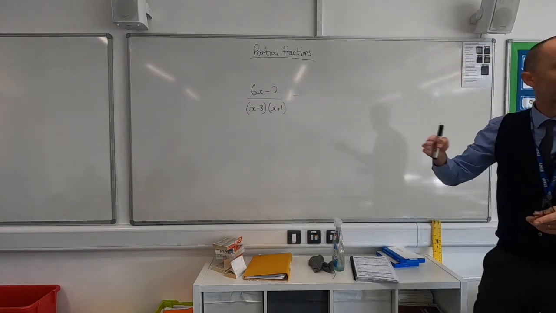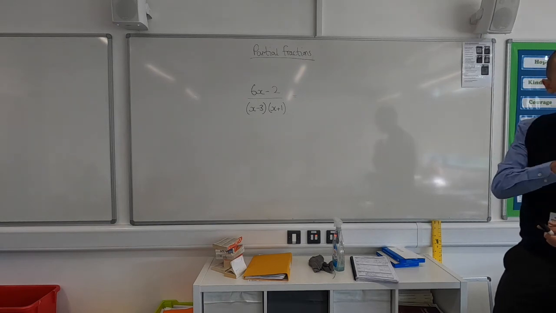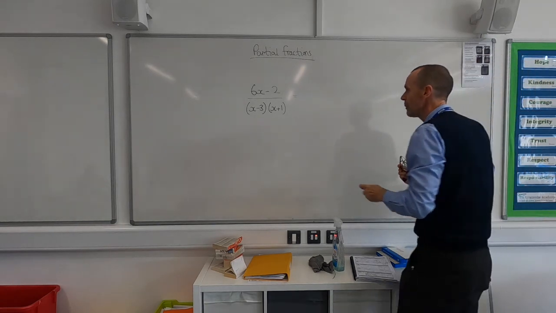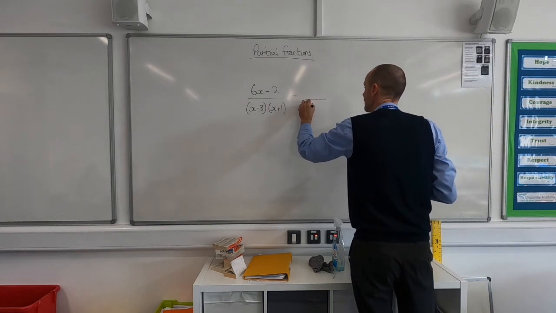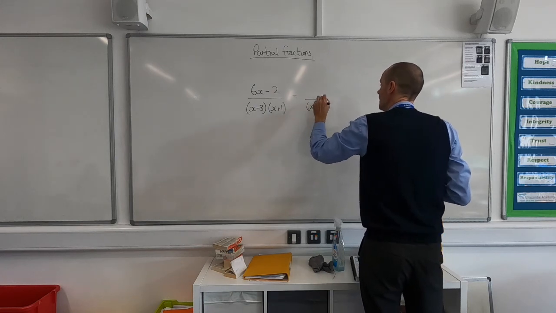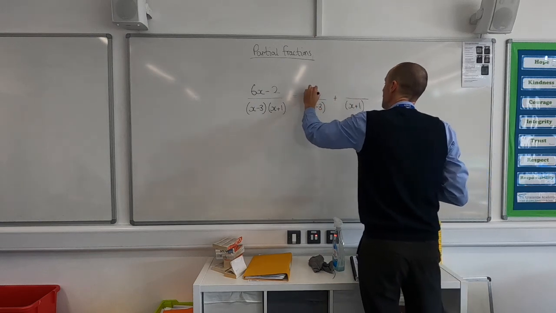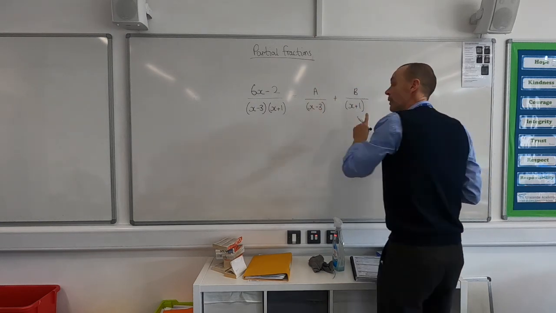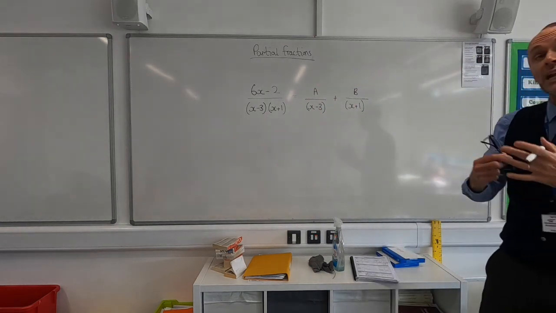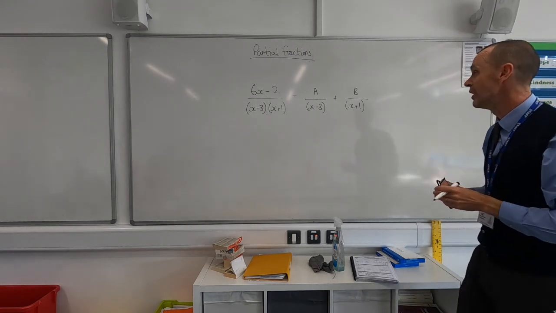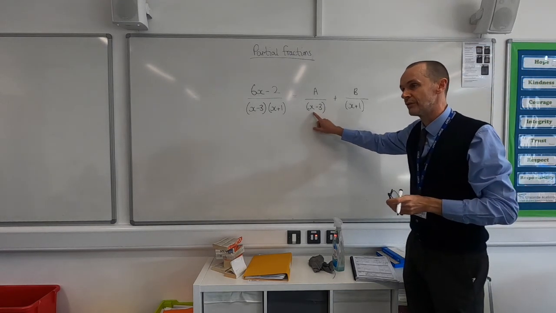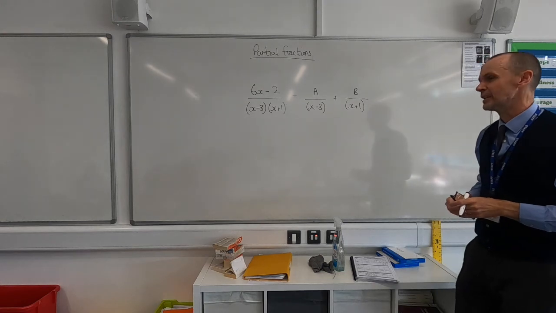The order of the top is less than the order of the bottom. And as long as I've got that, I know it's going to separate out into separate fractions where I've got a number which might not be an integer, but it will be rational, so that means I can write it as a fraction, over x minus 3, and a number over x plus 1.